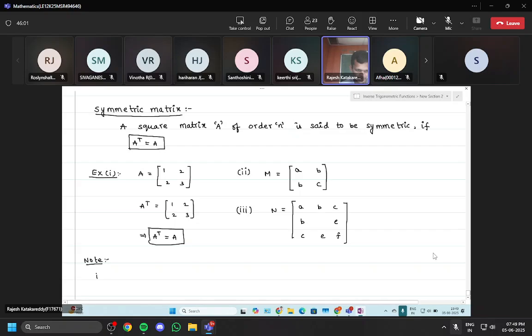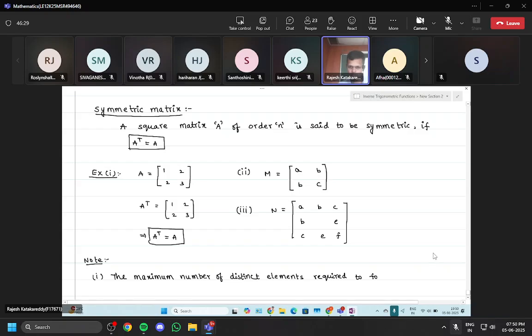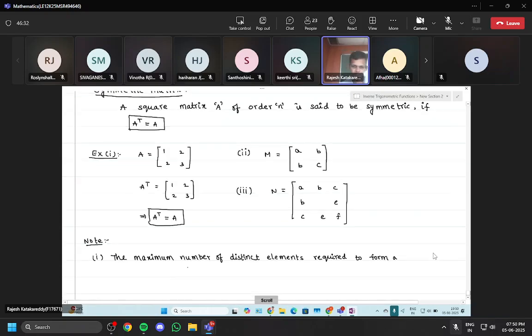The maximum number of distinct elements required to form a symmetric matrix of order n.